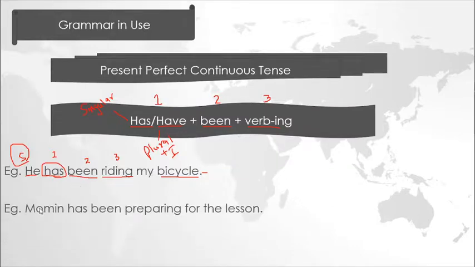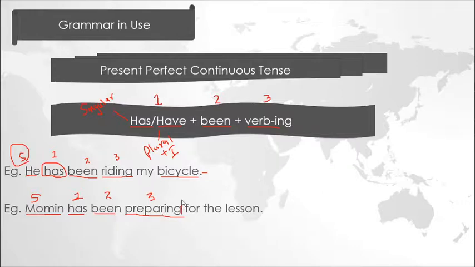Second example, Momin has been preparing for the lesson. Momin is the subject, which is singular. If it's singular, we have to use has, the first component. Then we have the second component, been, and third component, preparing with ing.